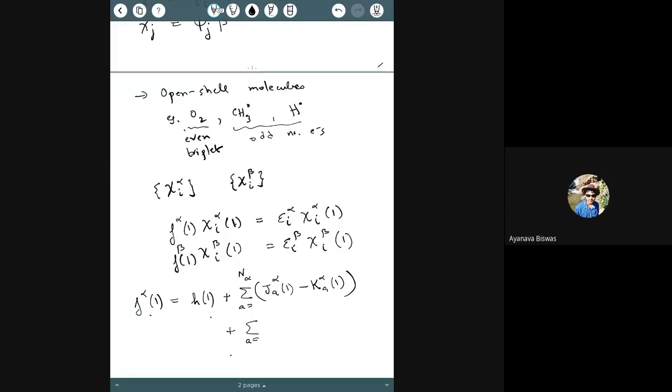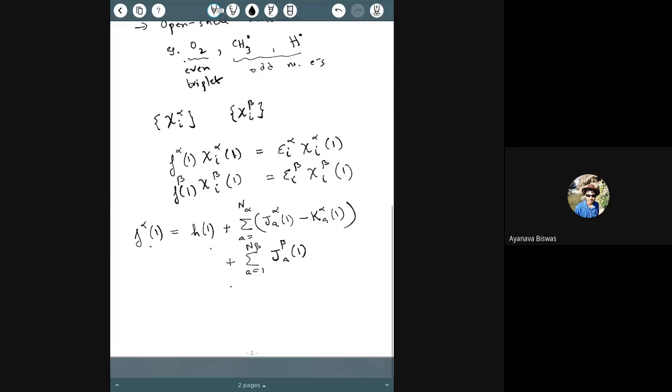Now for the other beta electrons, you do not have exchange because alpha and beta electrons cannot have an exchange interaction. Then you only have the Coulomb interaction. So there is only a slight difference between the F alpha and the F for the restricted case.